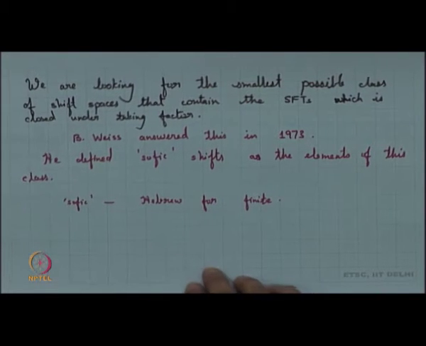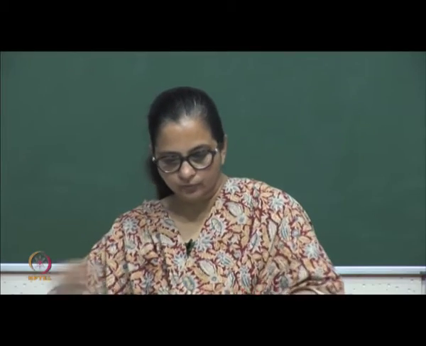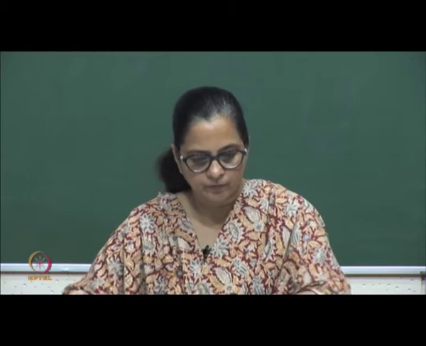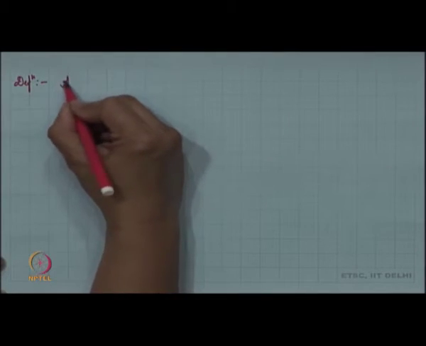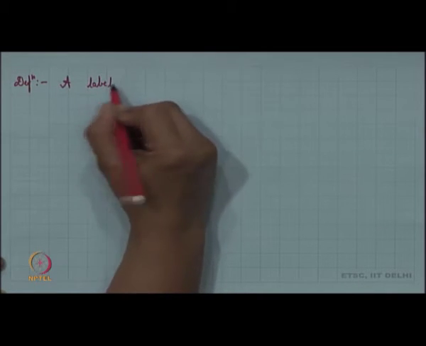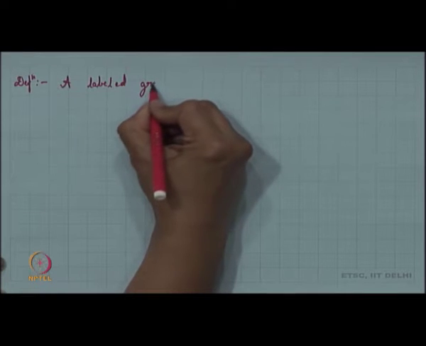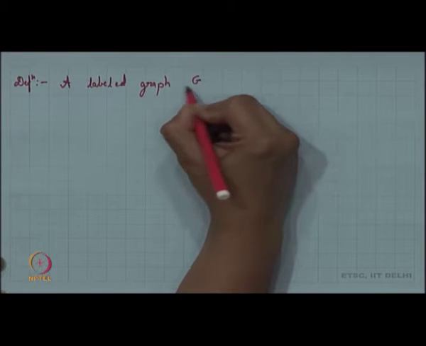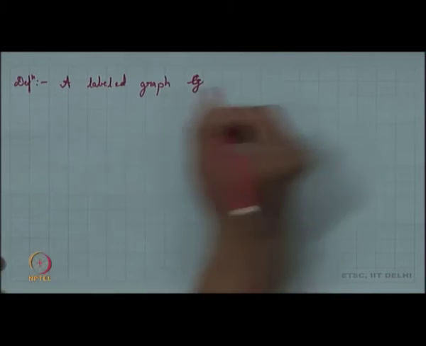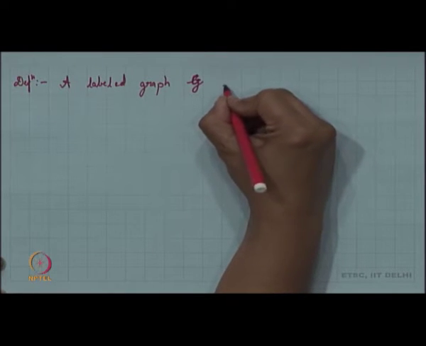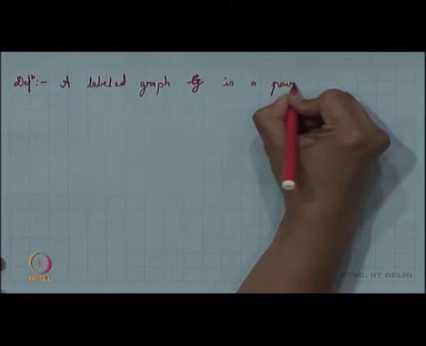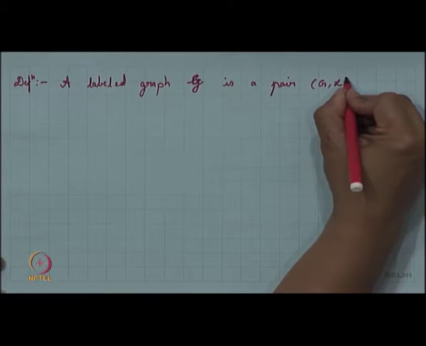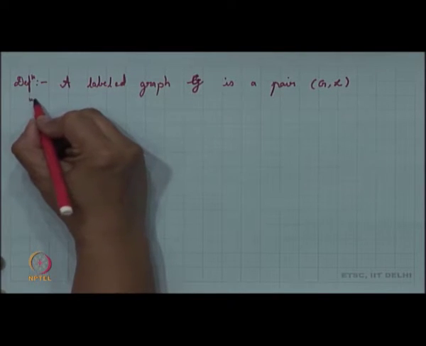So, let us try to look into the definition here. So, we start with the definition. A labeled graph, let me call it script G. A labeled graph G is a pair. I have a graph here and I have a function here which I call labeling, with G to be a graph.